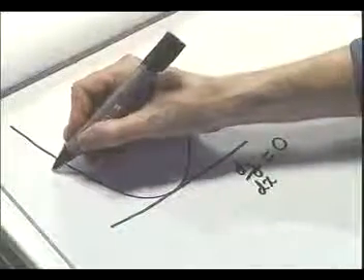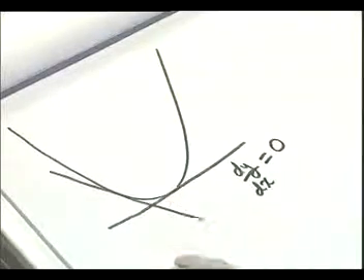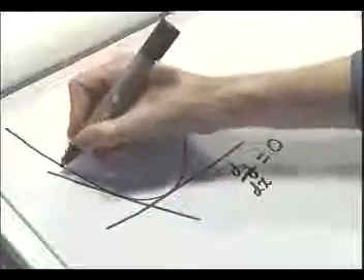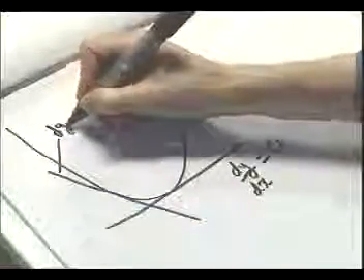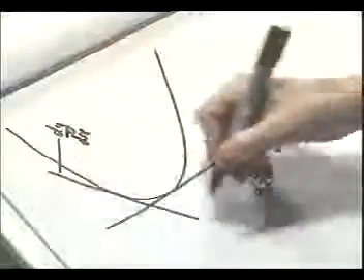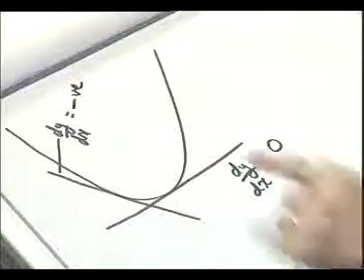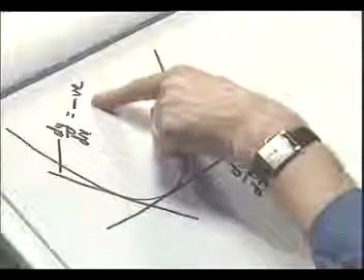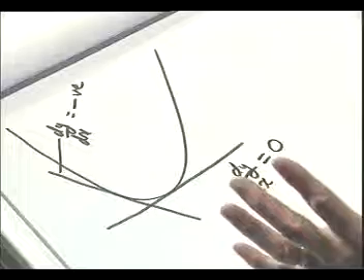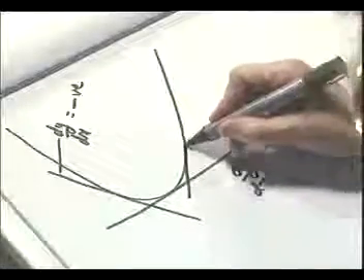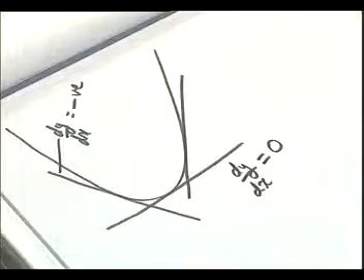Let's take a point a little bit before the minimum point and take a tangent at that point, and here we see that the tangent has a negative slope, and so dy by dx is negative. I'm using this as a shorthand for negative. I'm not actually bothered about the value of dy by dx, just its sign. Let's take a point here a little bit after. What's happened there?